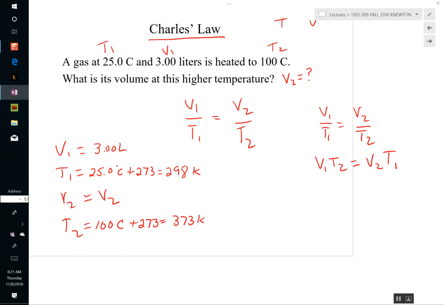We're going to get to the same point, because if we started right here, if we want to get this all by itself, we still have to divide by this, don't we? We still have to divide here, because we want to get this by itself. And you end up at the same place.